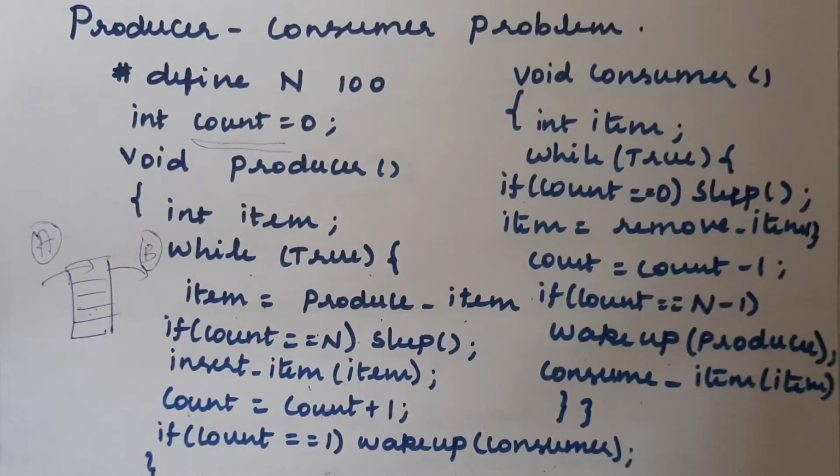What happens here is that the producer, after some time, will keep on producing new data items and storing them into the buffer.